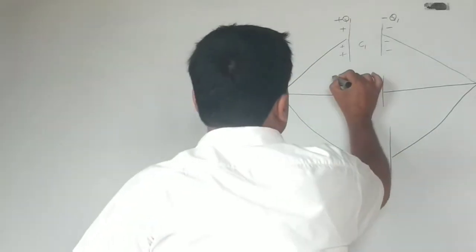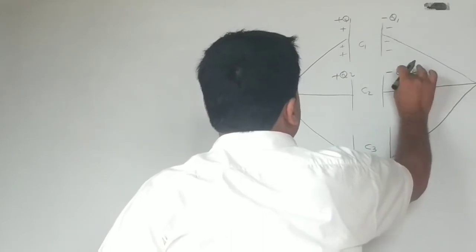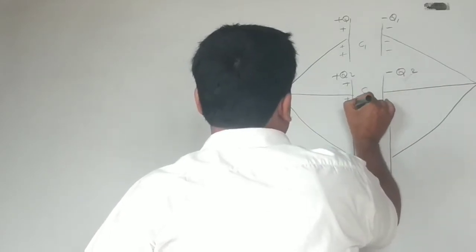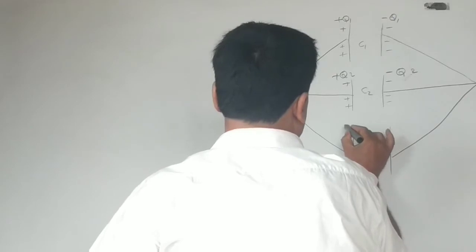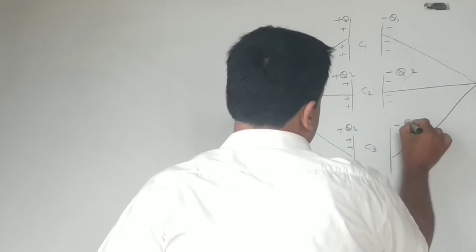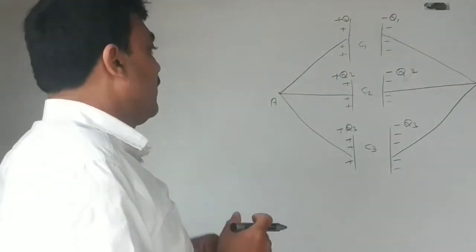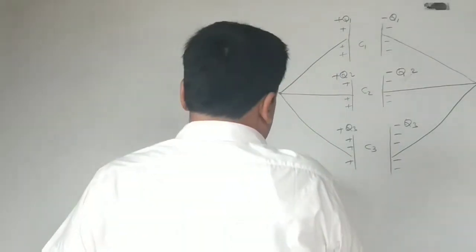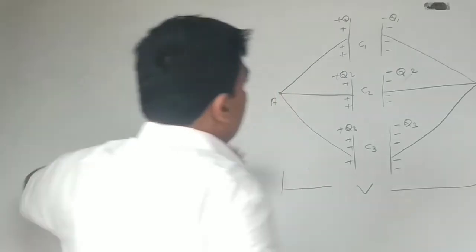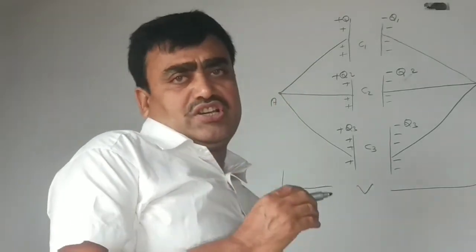Similarly, plus Q2 charge is given to the first plate and minus Q2 charge is induced on its second plate. Plus Q3 charge is given to the first plate and hence minus Q3 charge is induced on the second plate of the third capacitor, but potential difference is V in each capacitor.